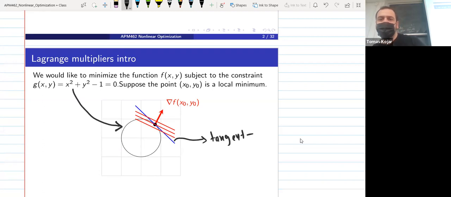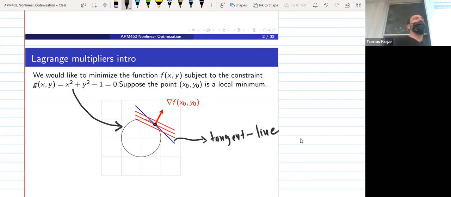In 1D, you already know this from the first week. This is the tangent line given by the gradient of g. I'll define it carefully. And then the red curves are the direction of the gradient.